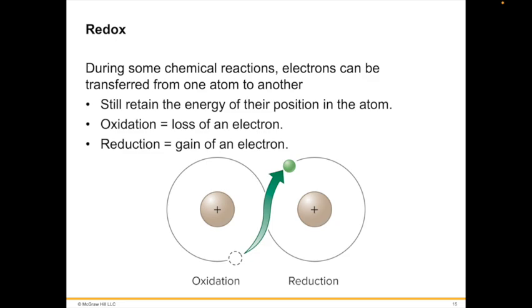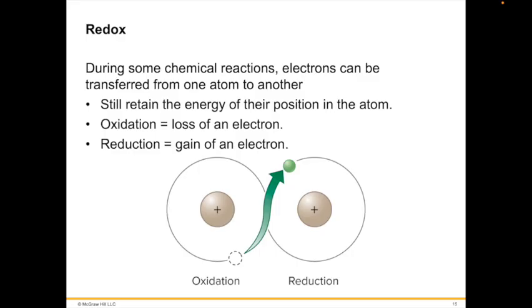During some chemical reactions, electrons are transferred from one atom to another. In such reactions, the loss of an electron is called oxidation, and the gain of an electron is called reduction.